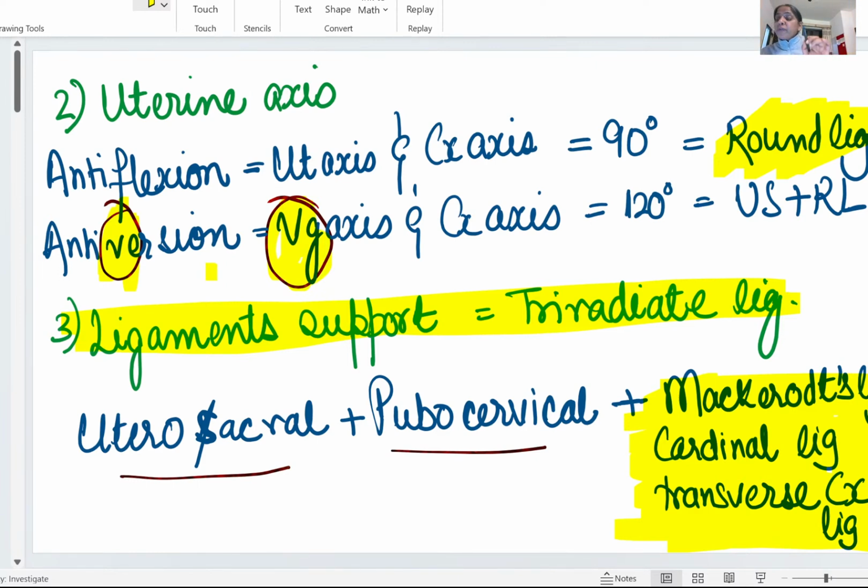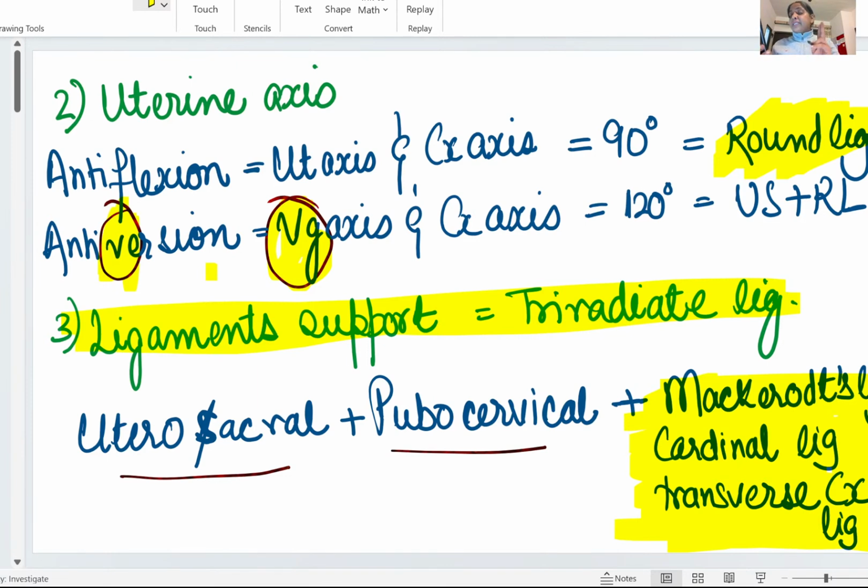So, which are the two ligaments that give it in combination? Main support is by the uterosacral. Very good, Dr. Kavita, Dr. Isra. Which are the two ligaments maintaining the uterine axis? Write down in the chat box.